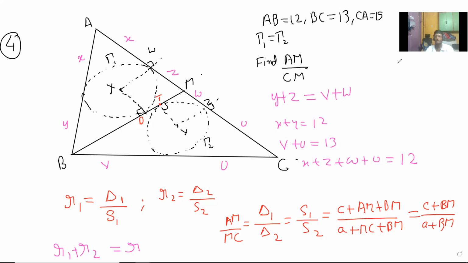I was just thinking that if you take any triangle and you draw any line and you take this inradius and this inradius, then do these two inradii add up to the inradius of the bigger triangle?